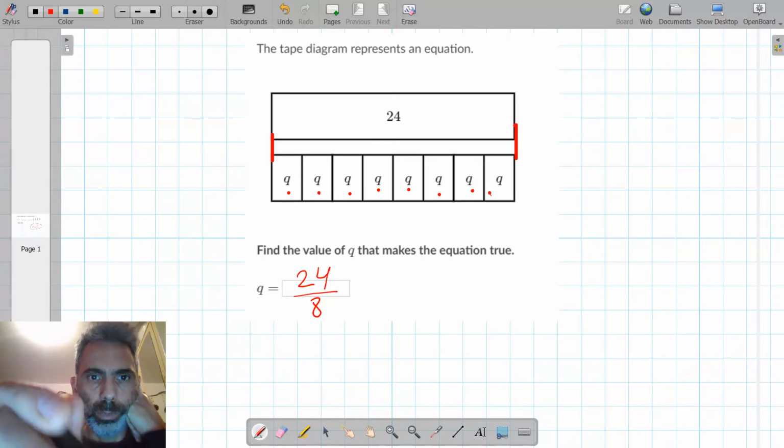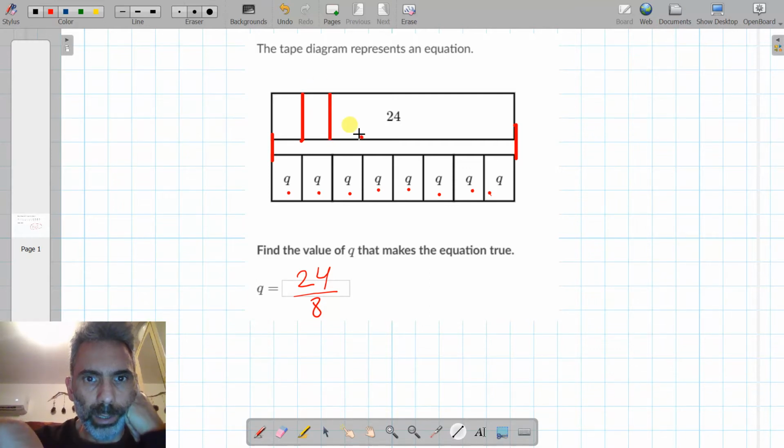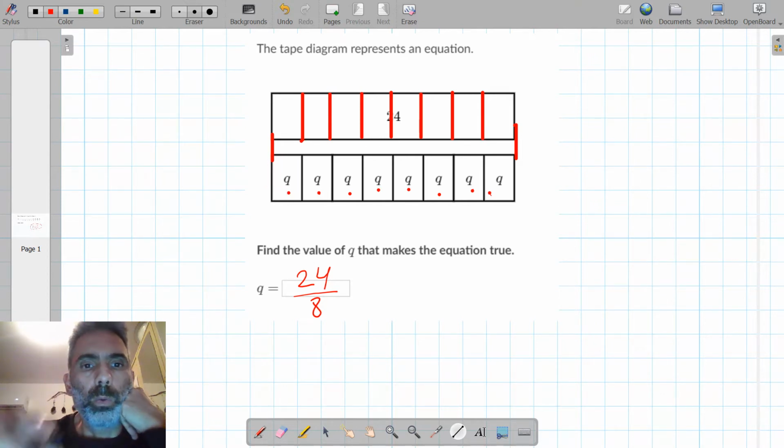Okay? Because if we divide 24 into 8 equal sections, as in the bottom rectangle, then each of these sections, which is equivalent to the q sections in the bottom rectangle, will be equal to 24 divided by 8.